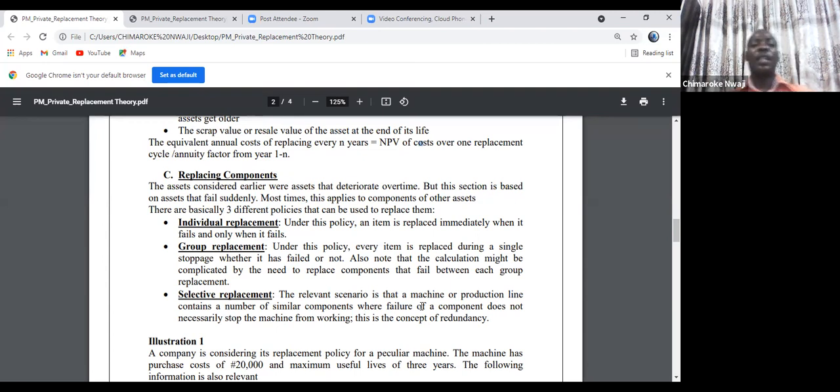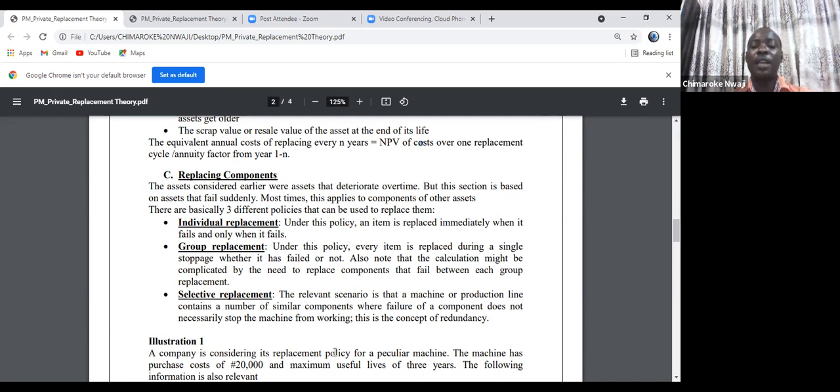Then there is the selective replacement. The relevant scenario is that a machine or production line contains a similar number of similar components where failure of a component does not necessarily stop the machine from working. This is the concept of redundancy.